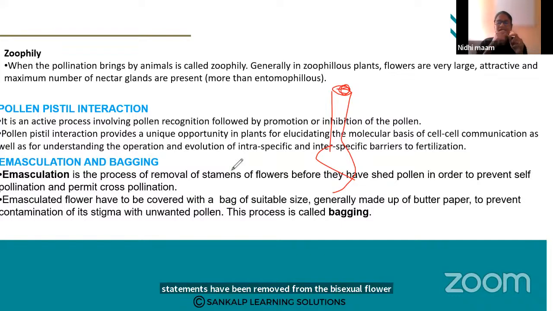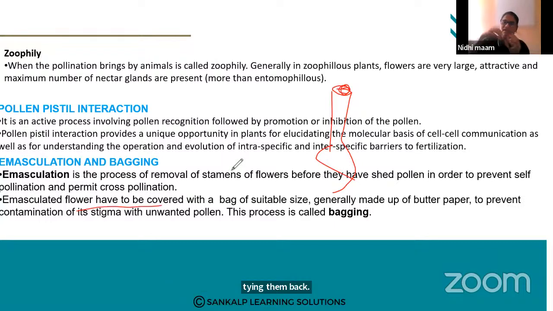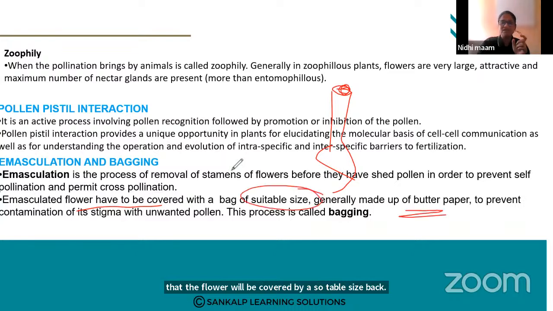Then for that flower we will be tying a bag. What is an emasculated flower? The flower from which we have removed the stamens is called an emasculated flower. That flower will be covered by a suitable size bag, generally made up of butter paper.